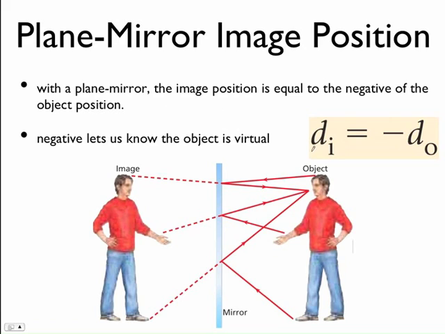Now, here we go. This is our quote-unquote equation for the plane mirror image position, because it's not really an equation. It has an equal sign, but it's pretty easy. And what they're saying is the image position is equal to the negative of the object position. And all that's saying is your object position is on this side, and they consider that positive.